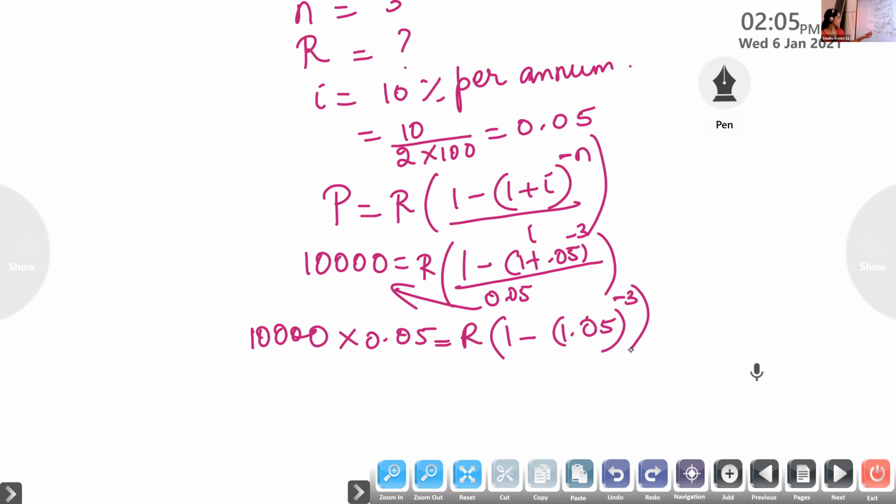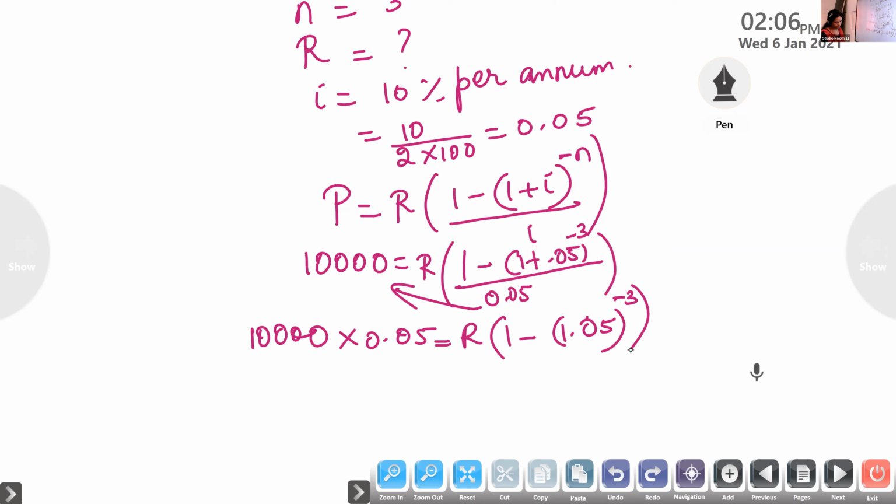What is 10,000 into 0.05? Is it 500? Is it correct?